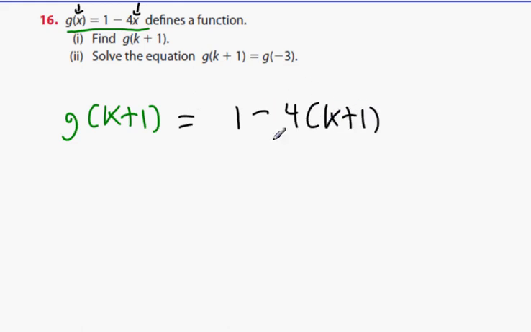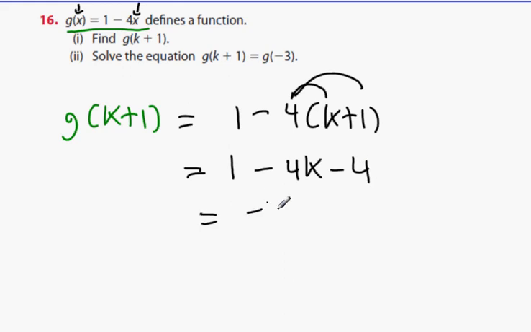What happens now? So what do we get? Anybody? Owen? Bon? What do we get? Minus 4k minus 4, and then you get minus 3 minus 4k. Yeah?